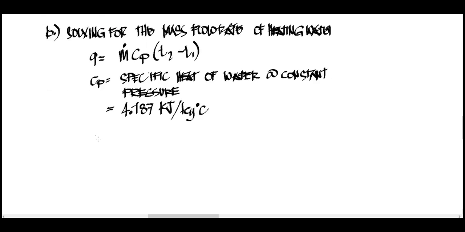So rewriting our equation to get the mass flow rate, we have the Q of the heater coil divided by the Cp, then the change in temperature from T1 to T2.